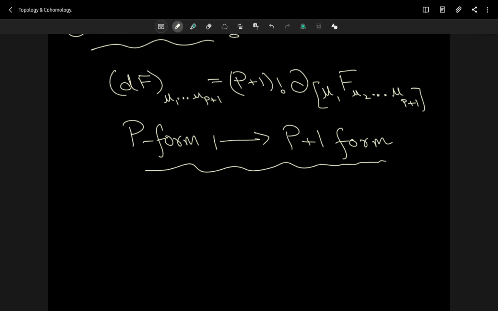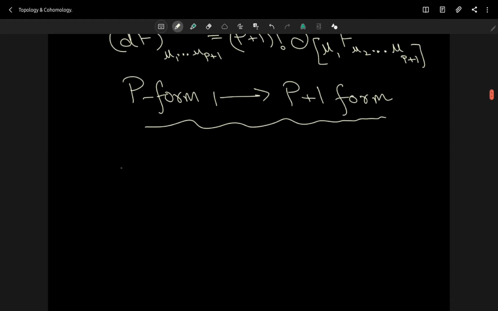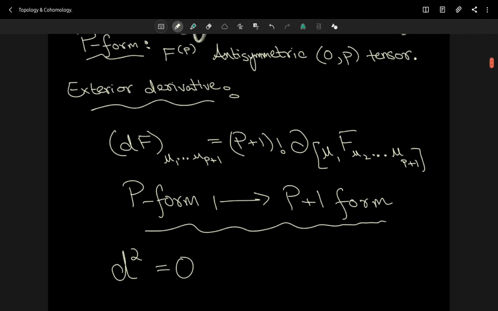Also note that P forms are naturally associated to P surfaces, and that the square of this exterior derivative is 0, so that thing vanishes, right?